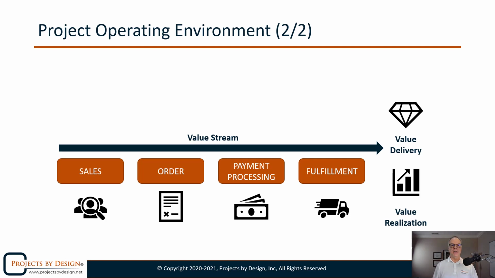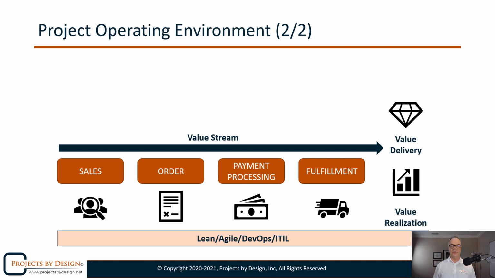As we deliver this, there's all kinds of different methods and practices that could be employed. Some of these include things like Lean and Agile and DevOps and ITIL, if you're in the IT world, and so on and so forth. Lean manufacturing and ways to deliver value more effectively and optimize by becoming more efficient at what we're delivering for value realization.